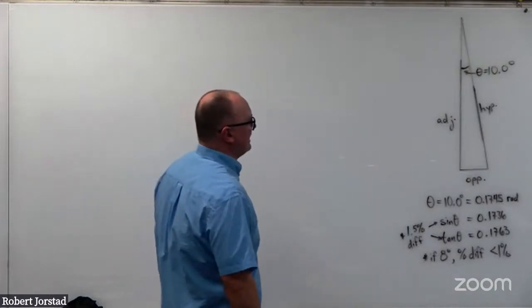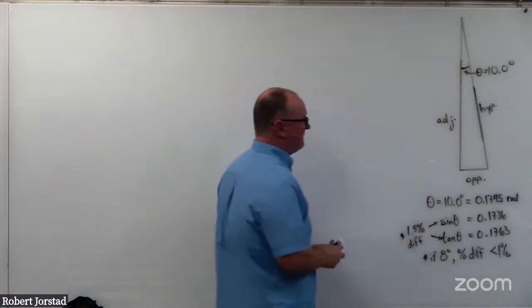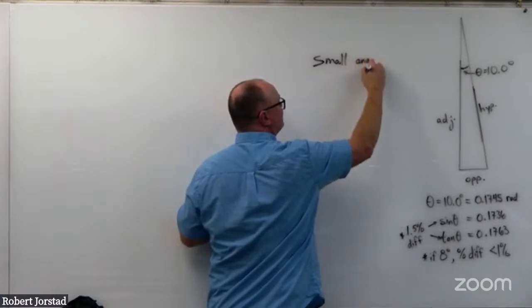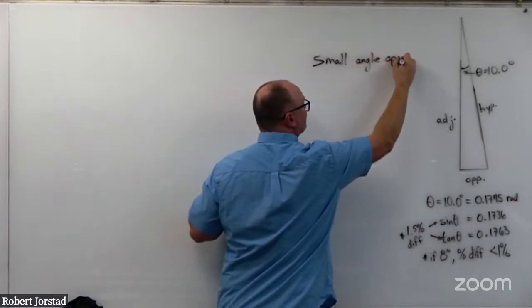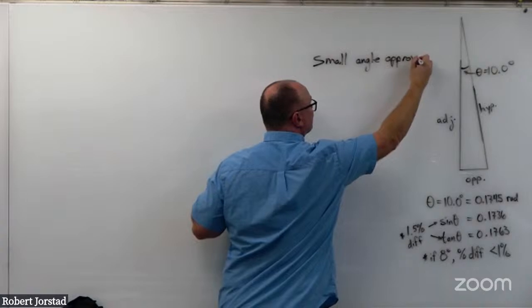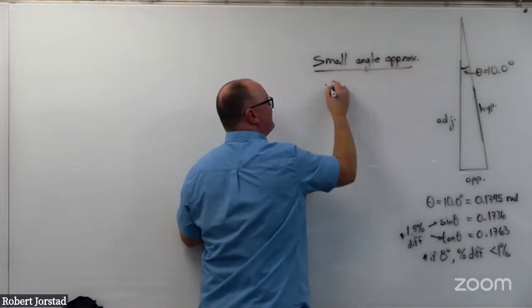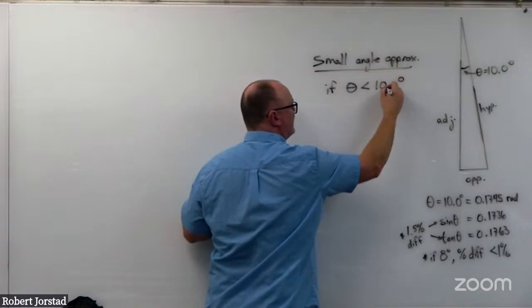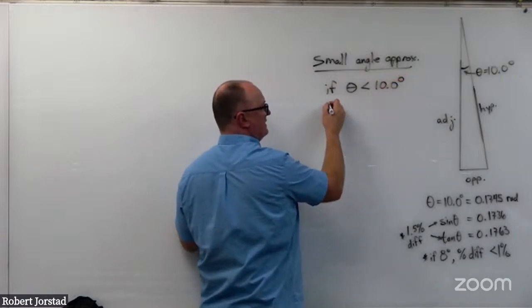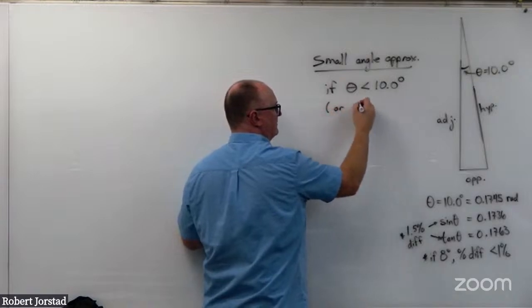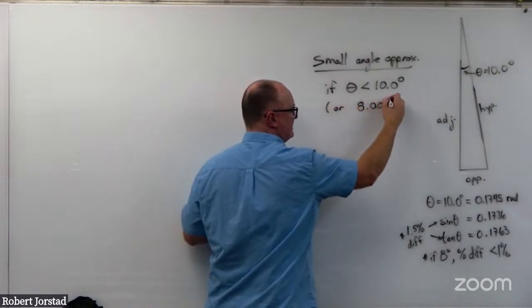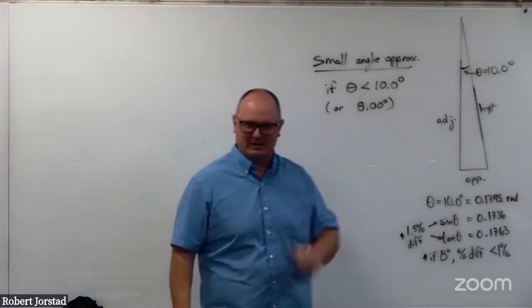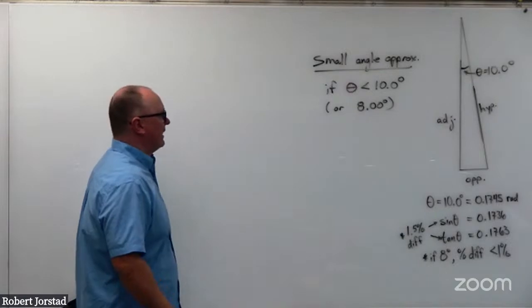So in this case, we see the following is true. The small angle approximation: if theta is less than about 10 degrees, depending how precise. Some other teacher might say 8 degrees, but for me, 10 degrees seems to be pretty reasonable for a lot of engineering applications, right?